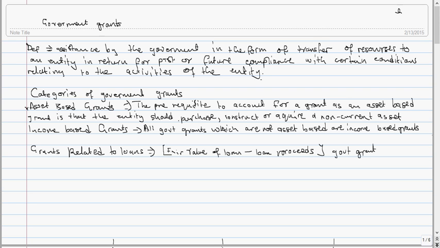Now we want to talk about the accounting procedure for grants, and for us to do that we're going to draw a table that is going to help us analyze the difference between asset-based grants and the various ways of treating asset-based grants as compared to the different ways of accounting for income-based grants.